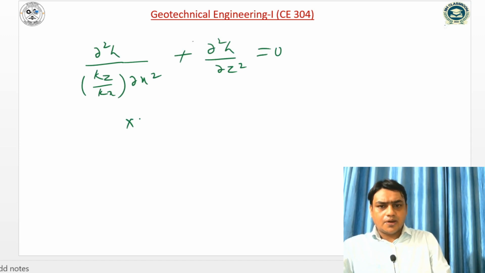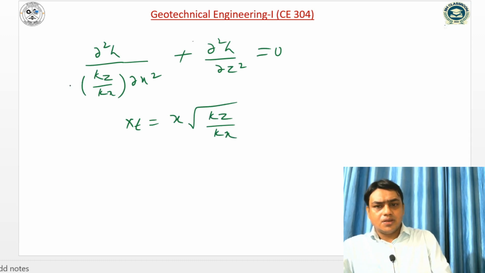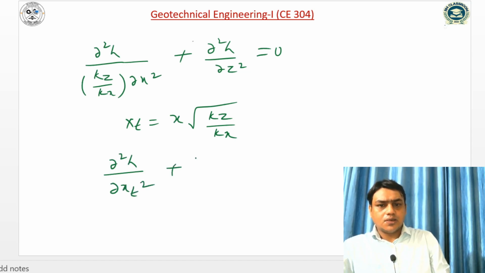Here I have written xt is equal to x times square root of Kz by Kx. So I am replacing by a factor square root of Kz by Kx, then it turns into del 2h by del xt square plus del 2h by del z square is equal to 0.